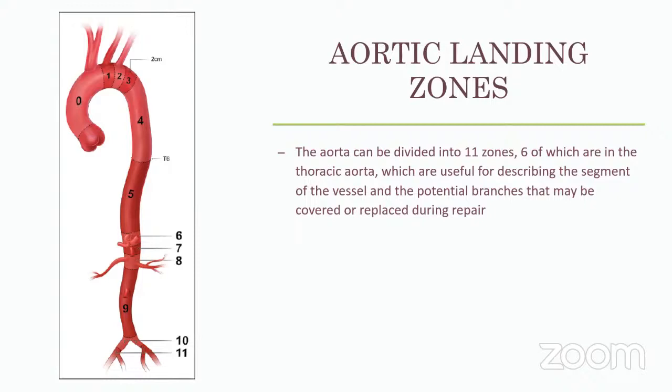Zone 0 involves the ascending aorta to the distal end of the origin of the innominate artery. Zone 1 involves the origin of the left common carotid, between the innominate and the left common carotid artery.